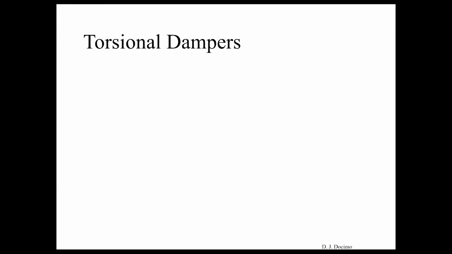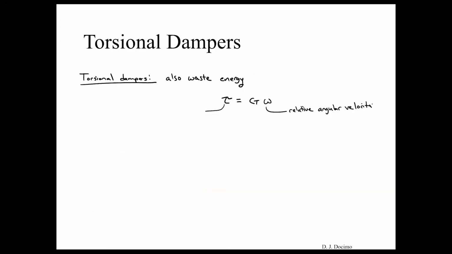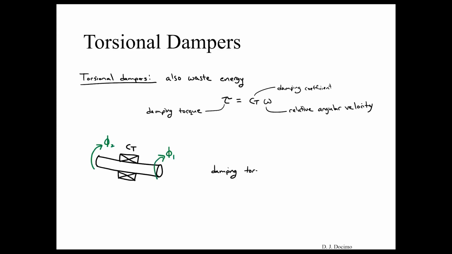And then finally, we have our torsional dampers, which also waste energy. Our restoring torque in this case, or damping torque, is equal to our damping coefficient times our relative angular velocity. If we were to draw out what a torsional damper would look like, we can have it look something like this, where we have phi1 and phi2, which are our positions, or our angles, for each one of the sides of those beams.